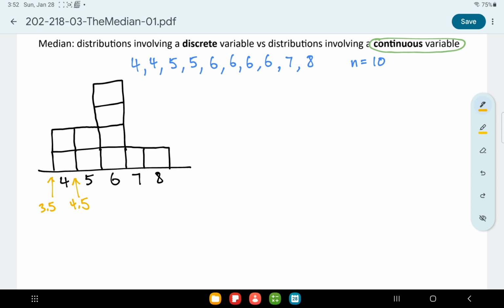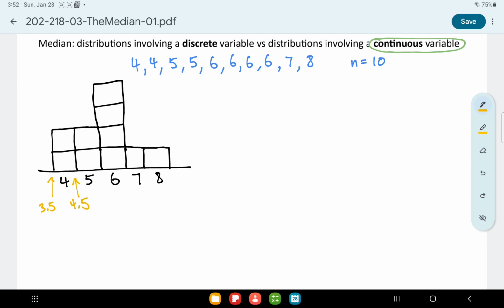The number 6 represents entries between the upper limit of 6.5 and the lower limit of 5.5, etc. Okay? So that's the first recognition. That's the first recognition.